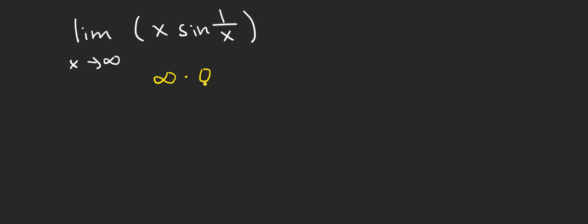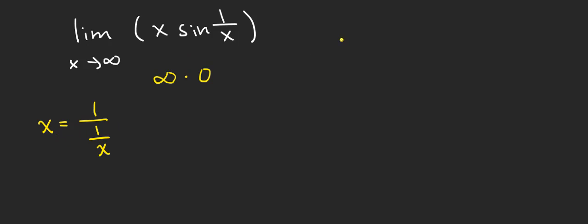Now again, be careful. Don't just assume that this goes to 0, thinking that 0 times anything is 0. We're talking about limit, so be careful. So what are we going to do? Well, remember, x can be rewritten as 1 over 1 over x. Just think about it. Is 1 over 1 over x the same thing as x? It is.